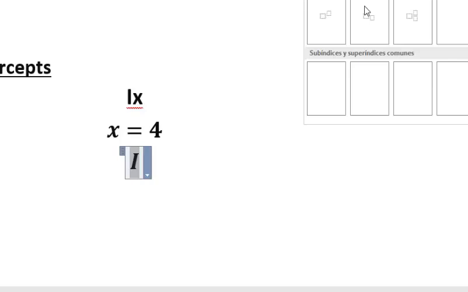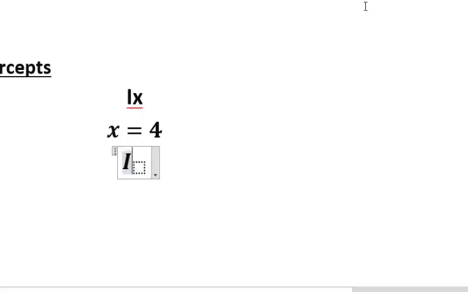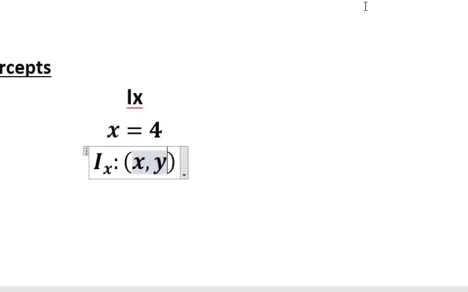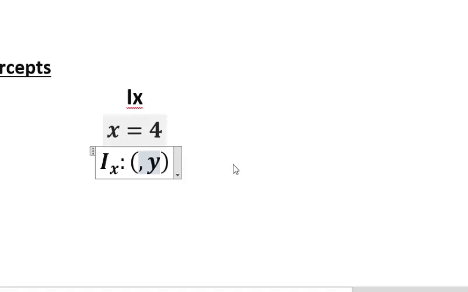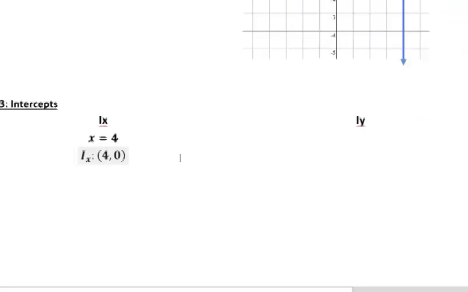Remember that this has to be an (x, y) point, so on the x I'm going to put the number that I found, which is 4, and on the y, remember the other coordinate on the x-intercept is always 0. So the x-intercept will be (4, 0).